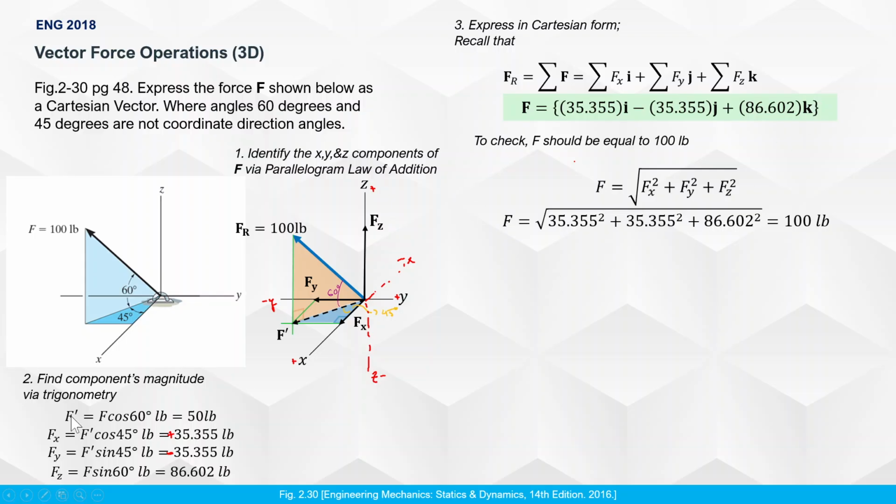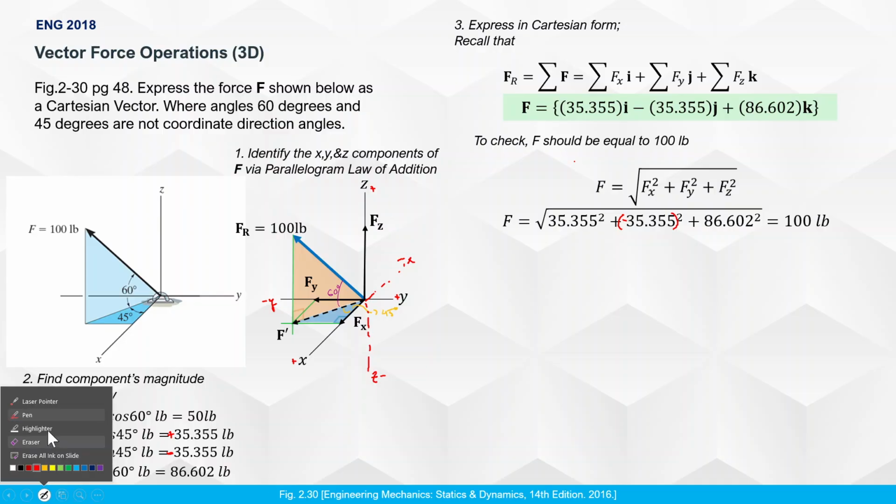So, just one error here. This is supposedly plus negative 35 para mapakita pa rin na negative siya. Okay? Anyway, pag ni-square mo naman, magiging positive siya. So, pag nakuha mo yan and kinuha nyo yung square root nun, dapat almost 100 pounds rin siya. Or 99.99 pounds yan eh.